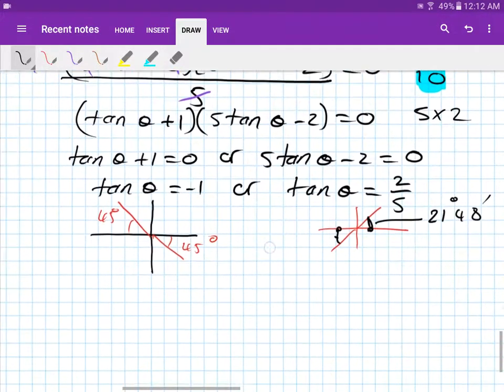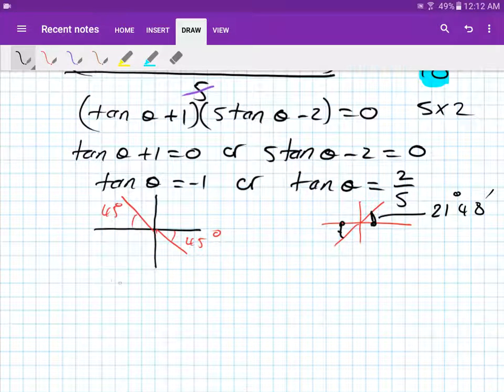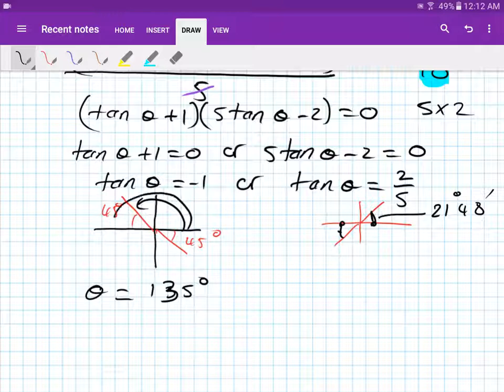So now I just write down the answer. Now theta will be equal to, all the way from here to here, that's your first answer. So from here to here, you should get 180 minus 45. What will you get? So you get 135 degrees. And then from here all the way from here, so you should get 325 degrees.